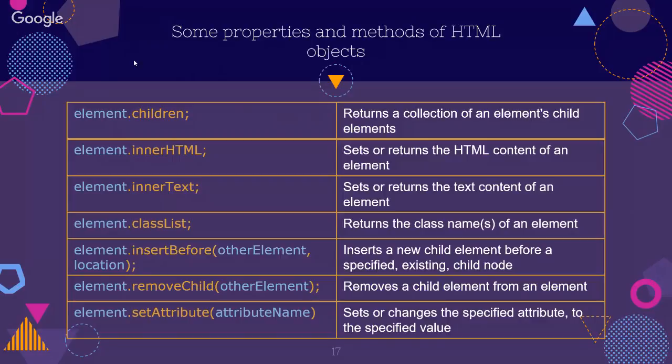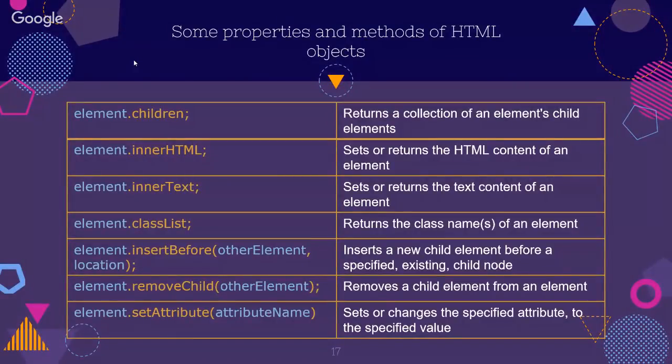Here, as you can see, we have the children property, which returns again a collection, an HTML collection of an element's child elements. So we can use this to get an HTML collection of all the element's child elements. The innerHTML property of the element object sets or returns the HTML content of an HTML element.